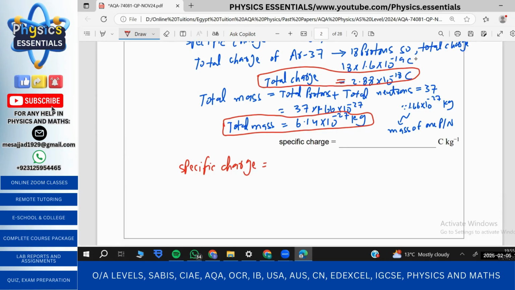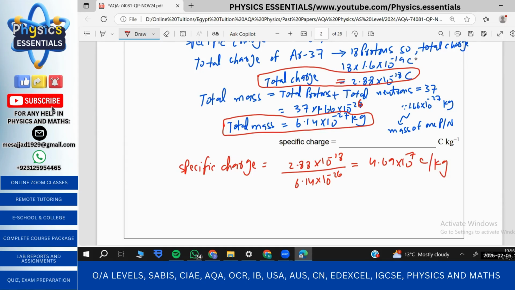So 2.88 times 10 to the power minus 18 over 6.14 times 10 to the power minus... wait, let me calculate it. 37 times 1.66 times 10 to the power minus 27 gives 6.14, and I just checked, it is actually minus 26, so you put 26 here. And the answer to this is 4.69 times 10 to the power 7 coulombs per kg.